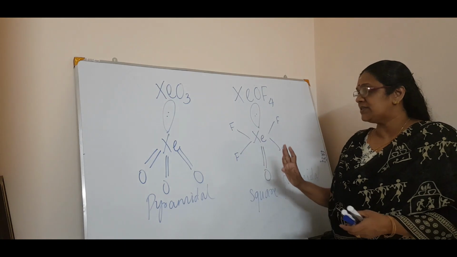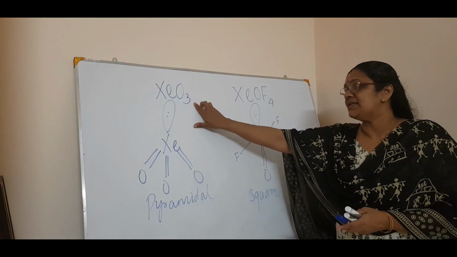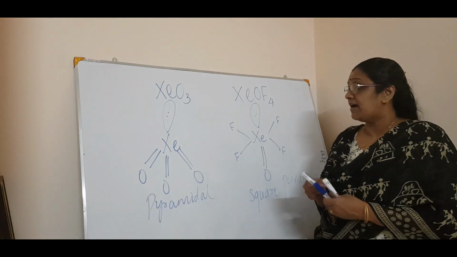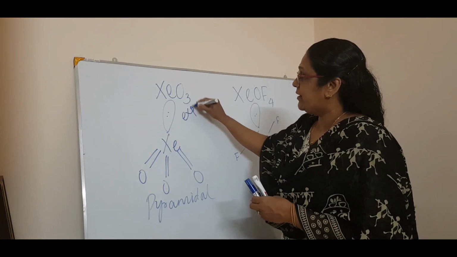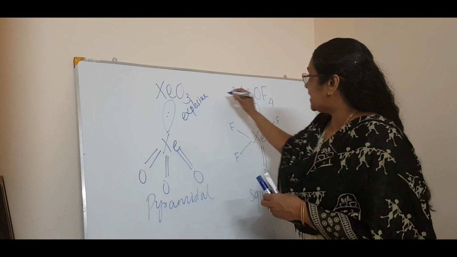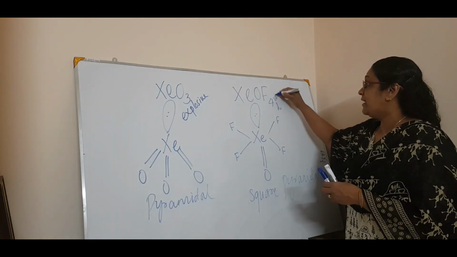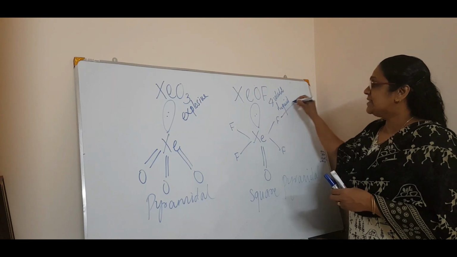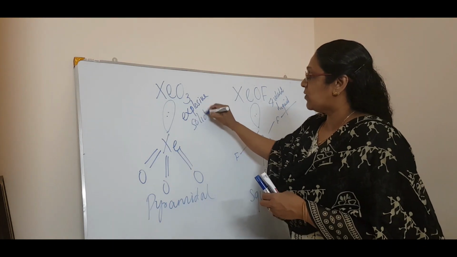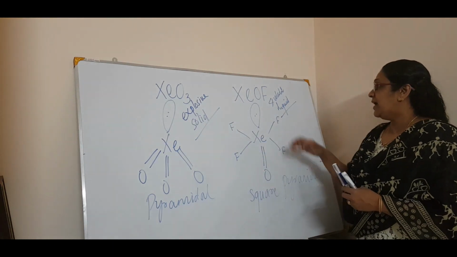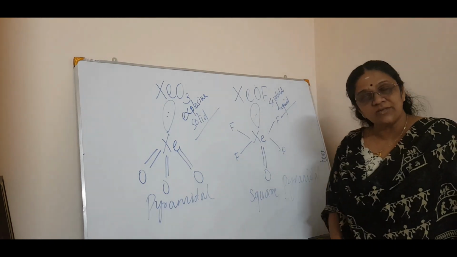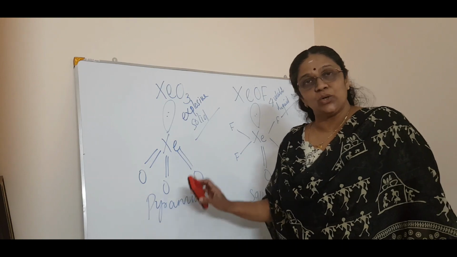So this is about the structure, and you know XeO3 is a colorless explosive solid, whereas this is a colorless volatile liquid. If you want to know the property, this is a liquid and this is a solid. It's an explosive solid and this is a volatile liquid. So these are the important points to remember in the 18th group.